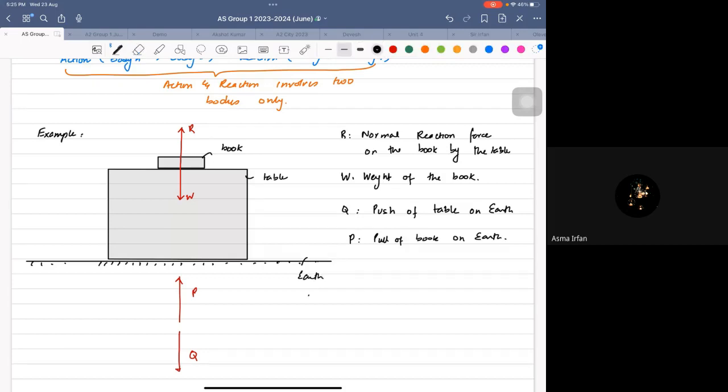Now the question is which two forces are Newton's third law pair, which means action and reaction forces. Can somebody please guess? Let me know.